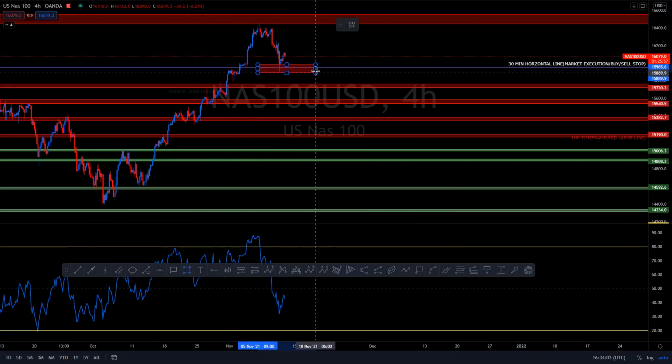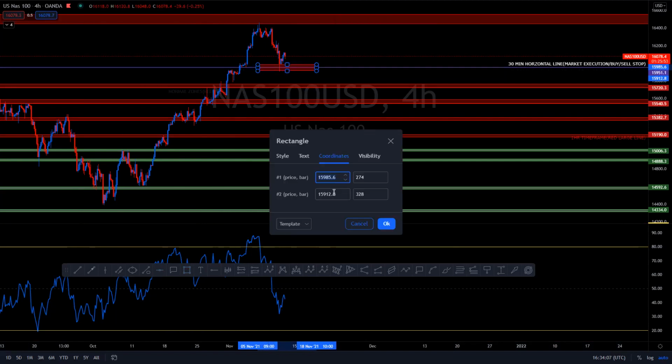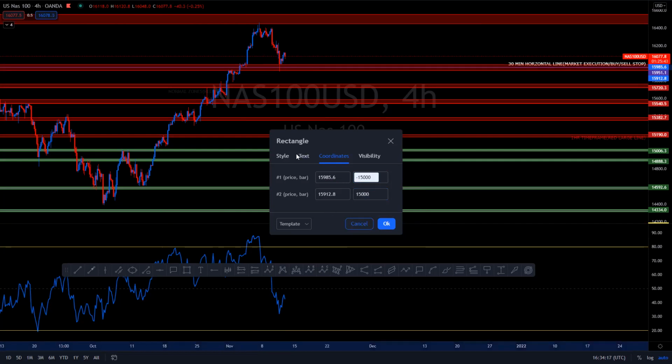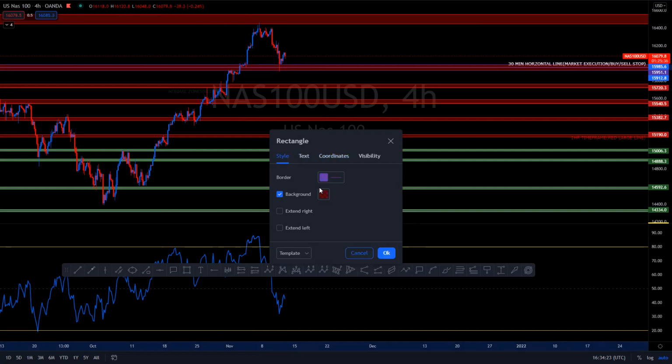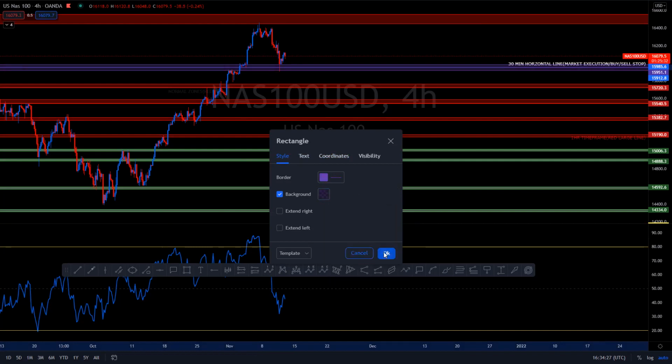Now just draw one here, a very thin one here. And we're going to make the style, so we can make it background purple. There we go.